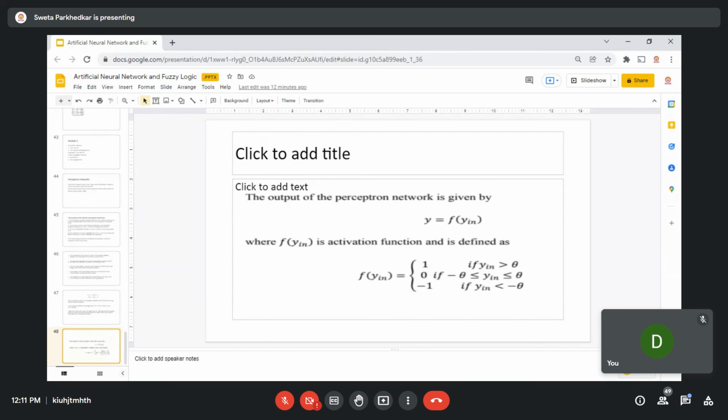And tomorrow also we'll see how we can develop a single neural network. Okay, एक छोटा सा प्रोग्राम देखेंगे how to develop a simple neural network.